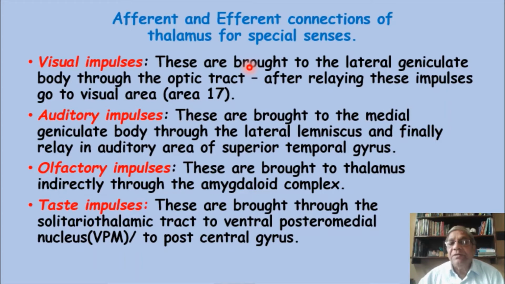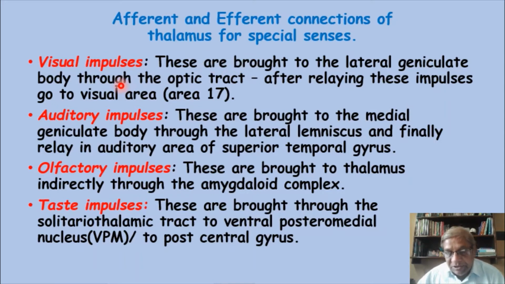The lateral geniculate body is on the posterolateral aspect of the thalamus, on the side of the pulvinar, that is the overhanging area of the posterior end of the thalamus, and this is brought from the retina ultimately to the lateral geniculate body.